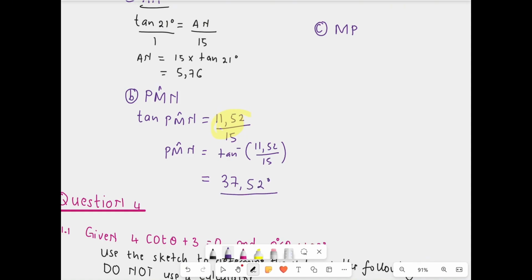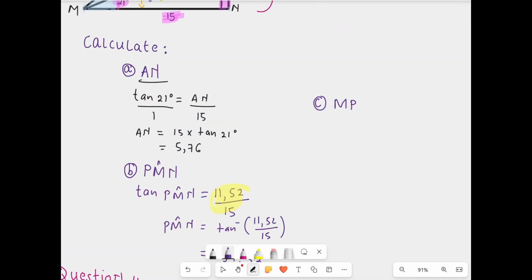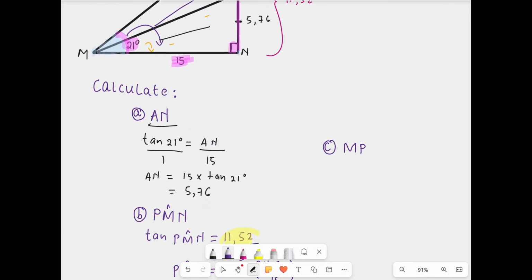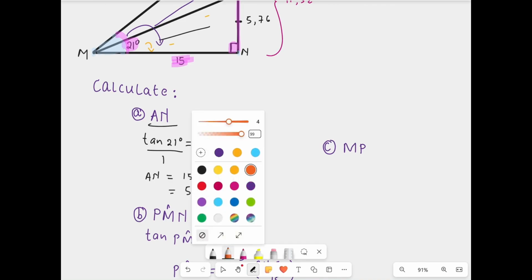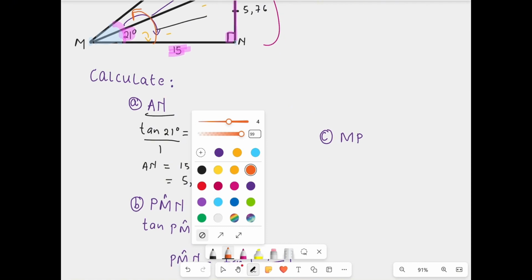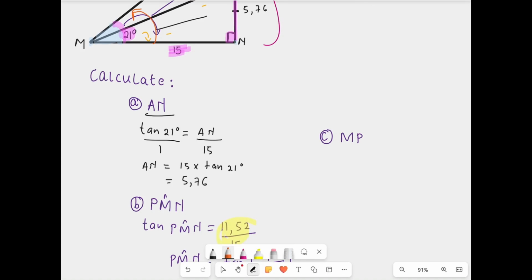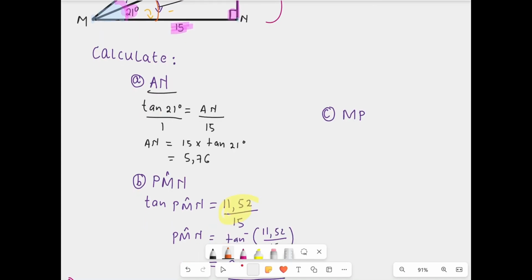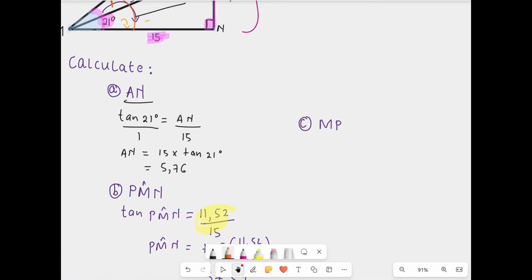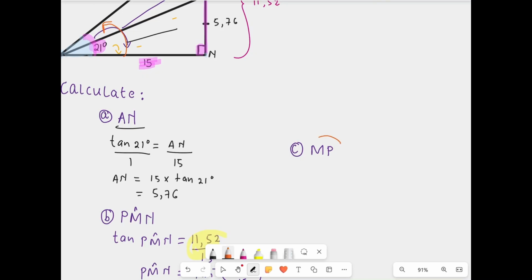So that is angle PMN. This angle here, the entire angle, is 37,52.